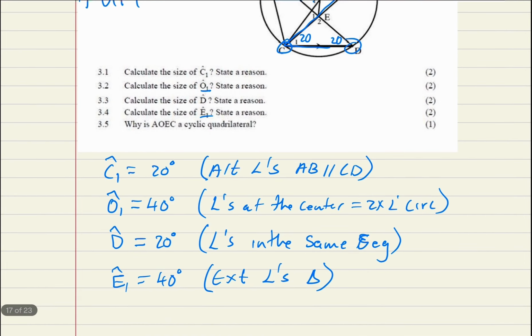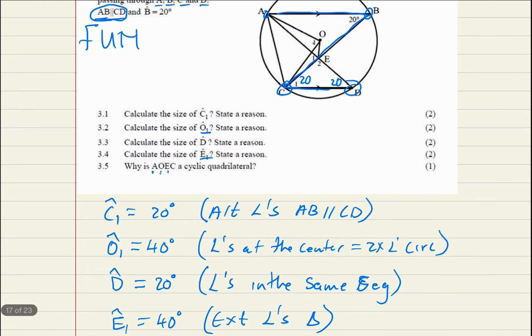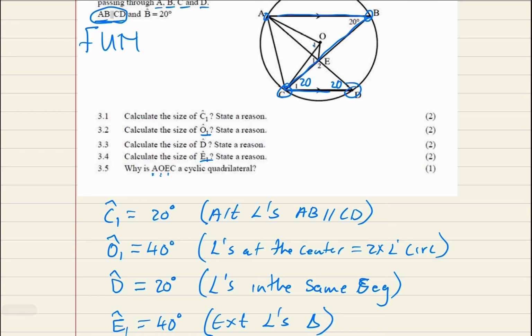Okay, now number 5, they say AOEC. Where is A? Let me highlight. This is AOEC. Why is this a cyclic quadrilateral? It's because E1 is equal to O1.